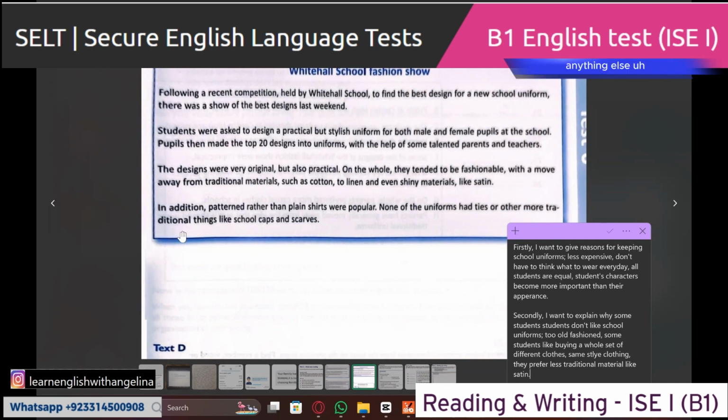Anything else? I think it is enough for the second. Yeah, that's enough. You can also say that they prefer less traditional uniform. They prefer less traditional clothes. There's so much given in here, but in any case this is enough.